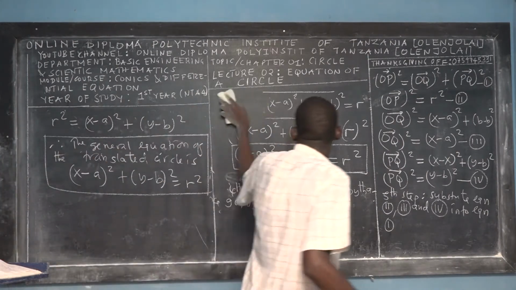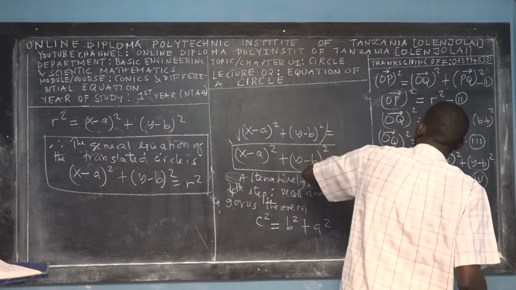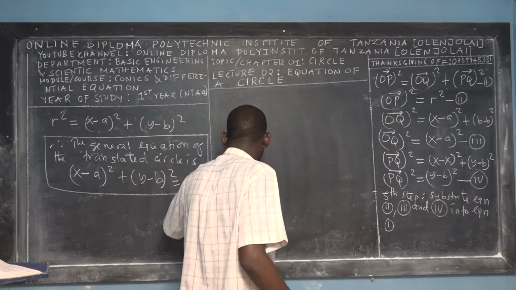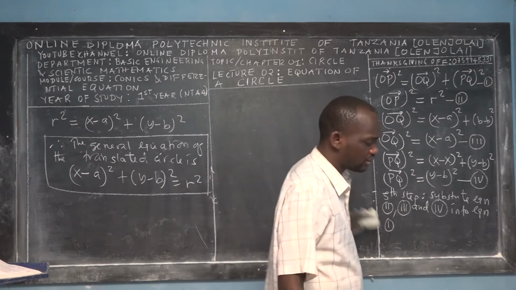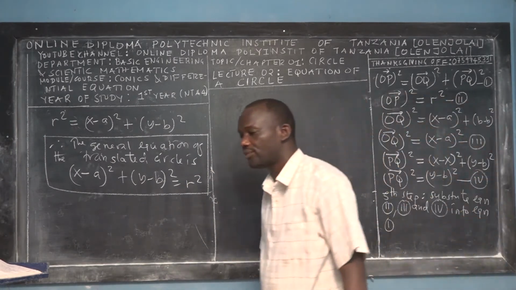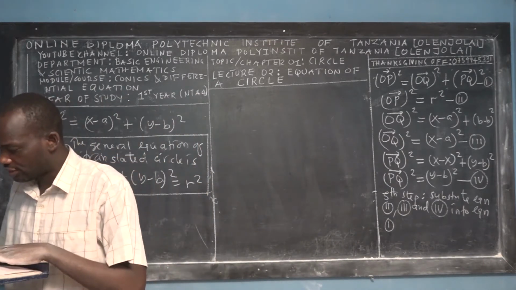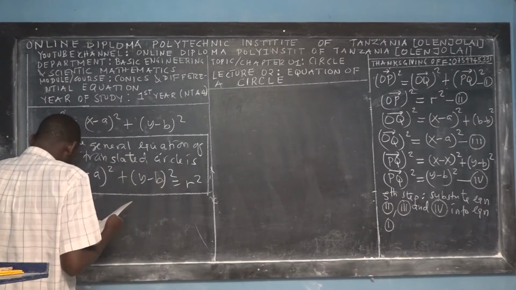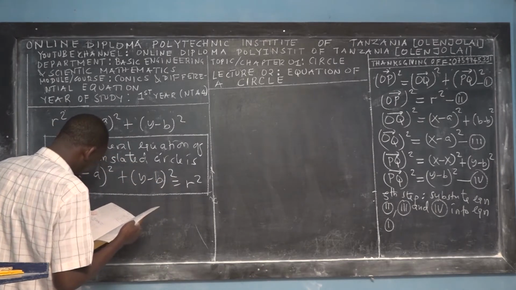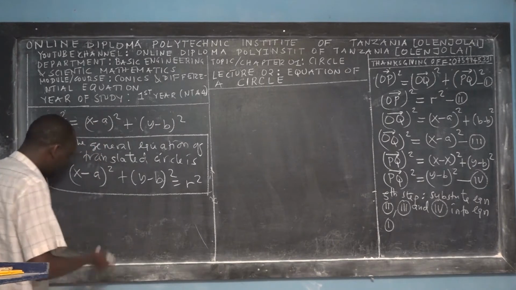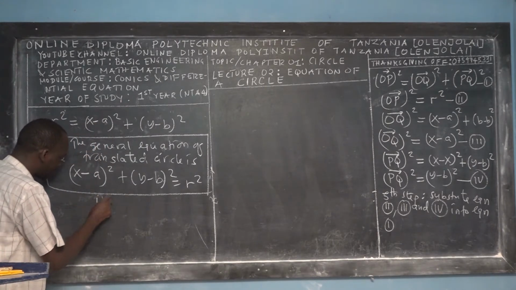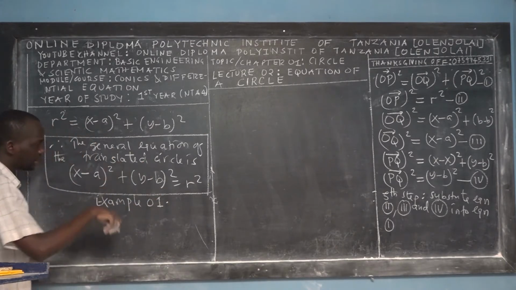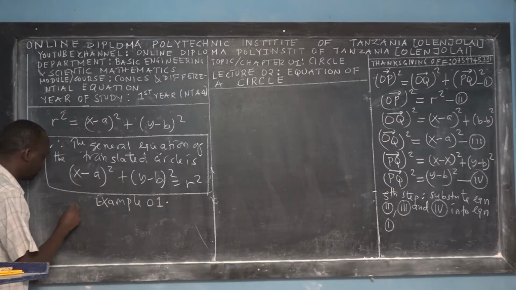Okay? So now I heard from my heart the student who is asking what the format of the questions is which he asked me to derive for a translated circle. So let me give you the style of the questions which they used to ask in exams. Example 1. This is about the derivation of the circle.